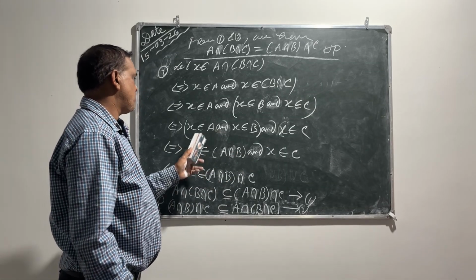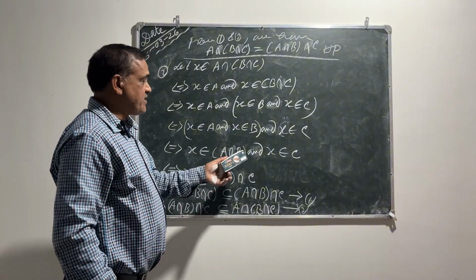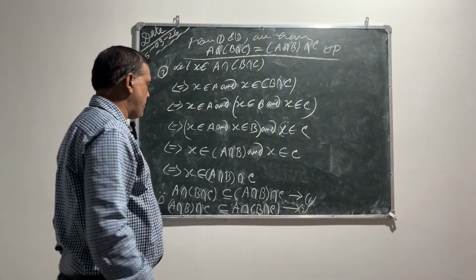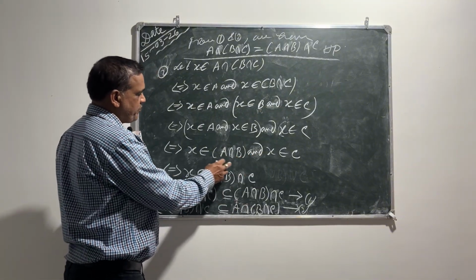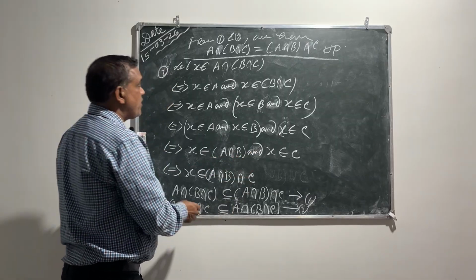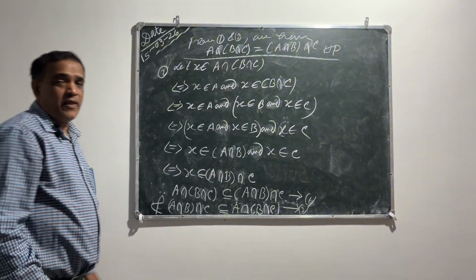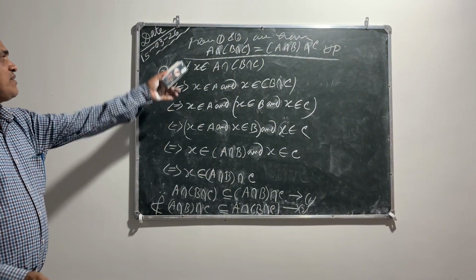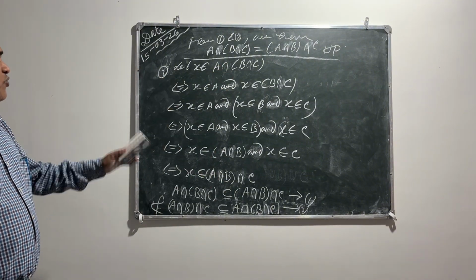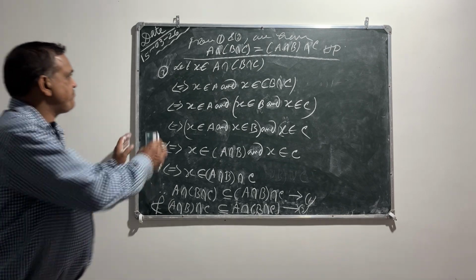Then from this first bracket, X belongs to A intersection B and X belongs to C separately. Finally, this will be a subset of this one, and again this one will be a subset of this one. If you combine them, this way it will prove it. So this is all about associative law.